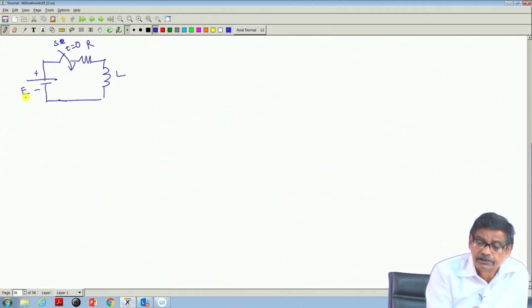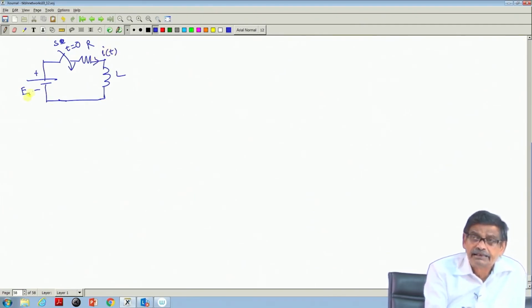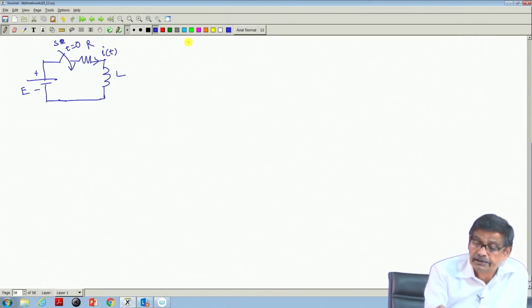So, this was E, and I want to find out the current, but this time I am applying a DC voltage. So, what will be the thing? This drop is L di dt. So, L di dt plus R I.